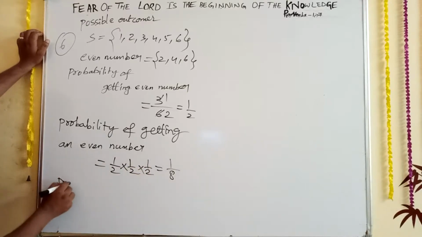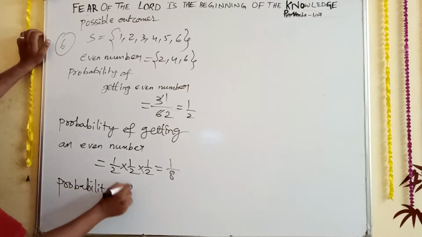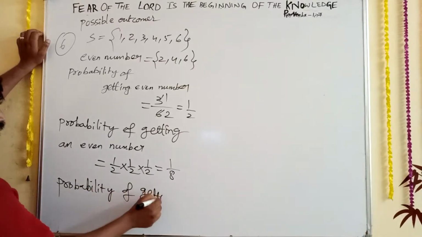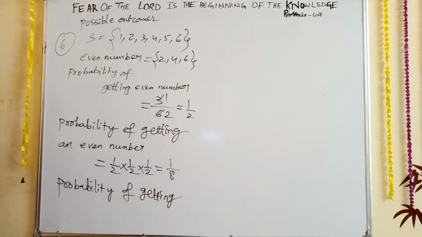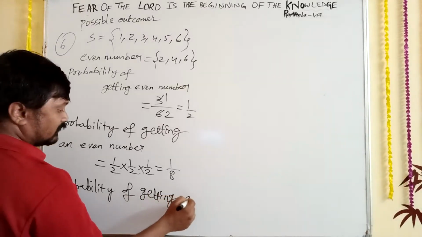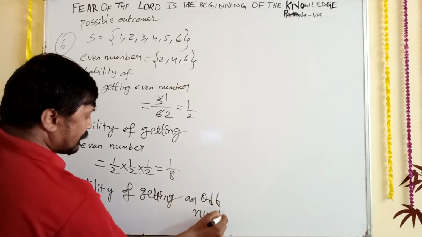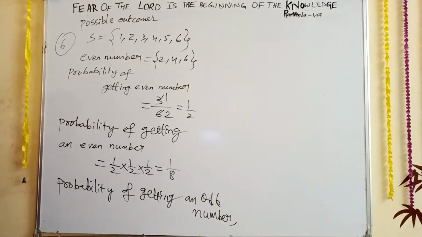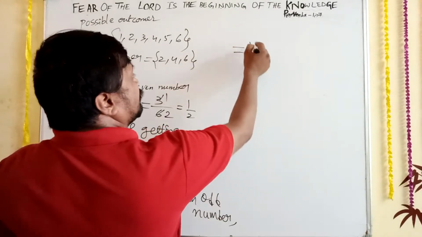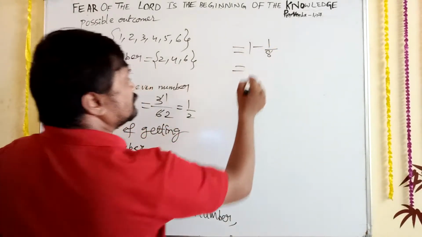Then now what is the probability of getting an odd number? So an odd number means, it is very easy, 1 minus 1 upon 8.